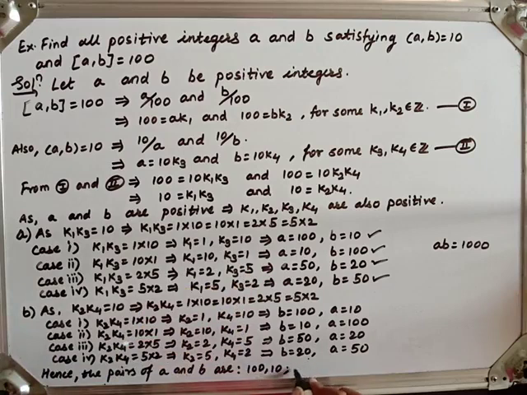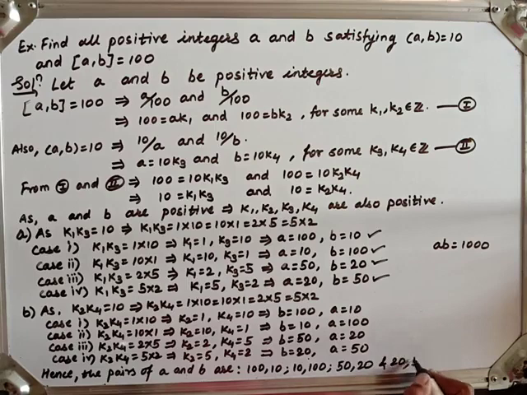Second pair is 10, 100. Then 50, 20 and 20, 50. These are the pairs which satisfy the given conditions.